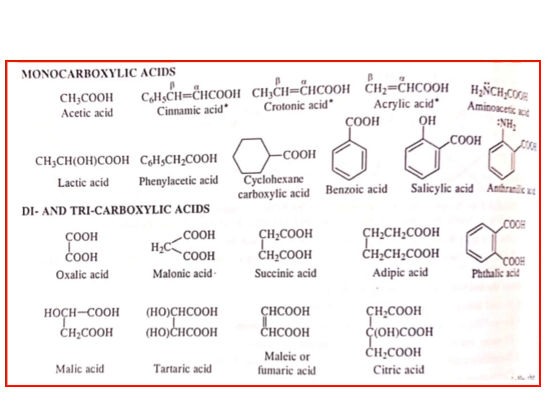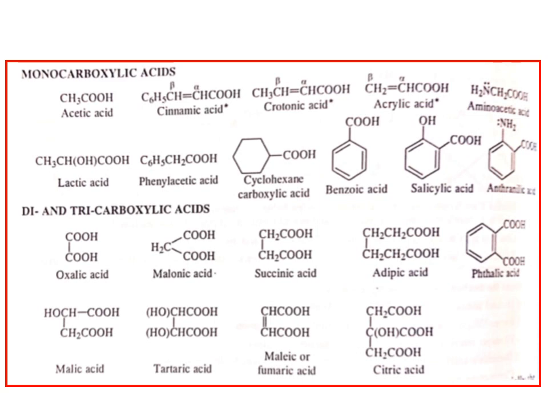Whereas in cinnamic acid, there is one carbon-carbon double bond, so it is an unsaturated monocarboxylic acid. Here, the R group attached to the COOH group is an aliphatic group, that is the CH3 group. Therefore, it is acetic acid.